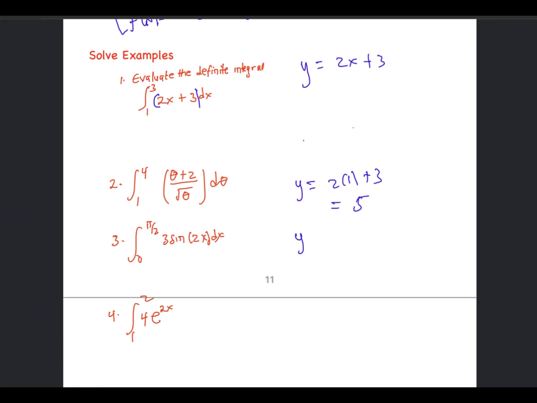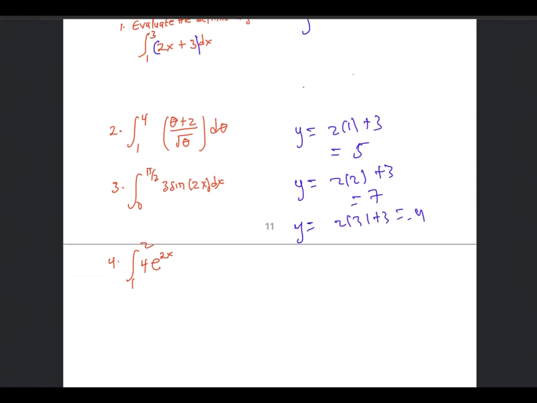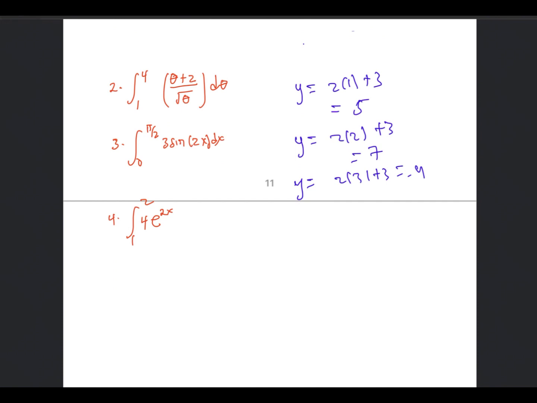Then at x equal to 2, 2 times 2 plus 3, which is 4 plus 3, gives 7. And at x equal to 3, y equals 2 times 3 plus 3, which is 9. That's my function value.